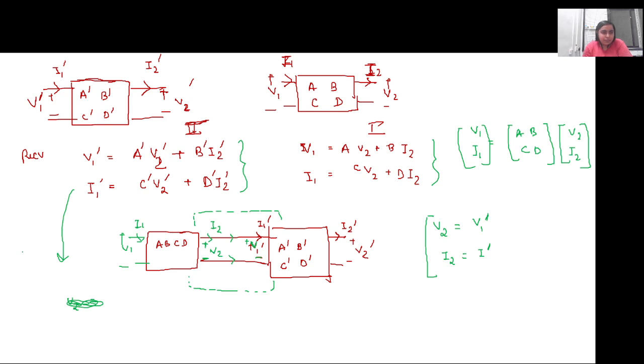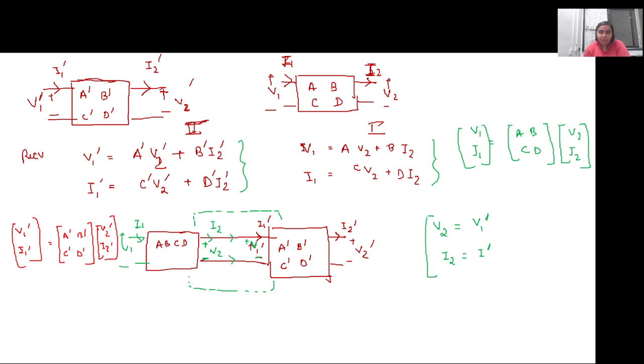And V1 dash I1 dash is equal to A dash B dash C dash D dash into V2 dash I2 dash. I'm just writing in matrix form. So if I open the matrix, V1 dash will be A dash into V2 dash plus B dash into I2 dash.